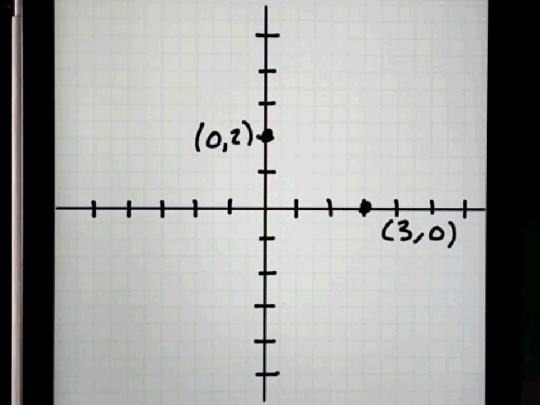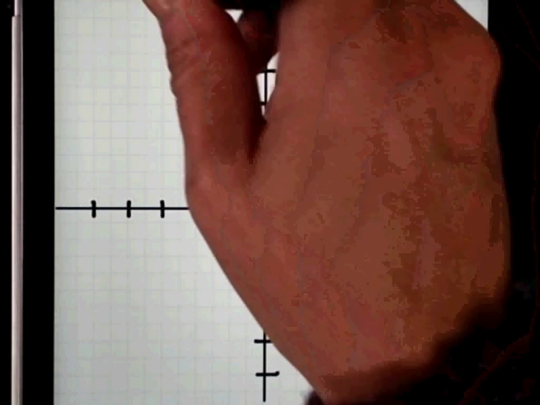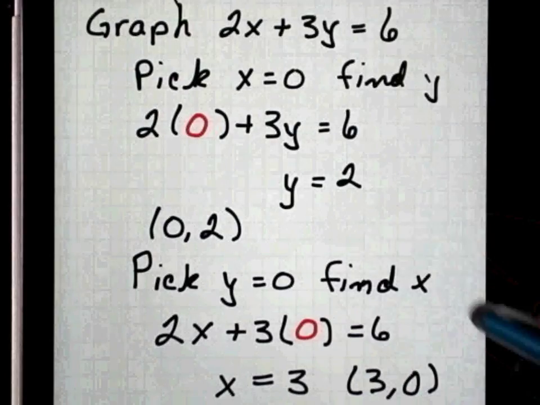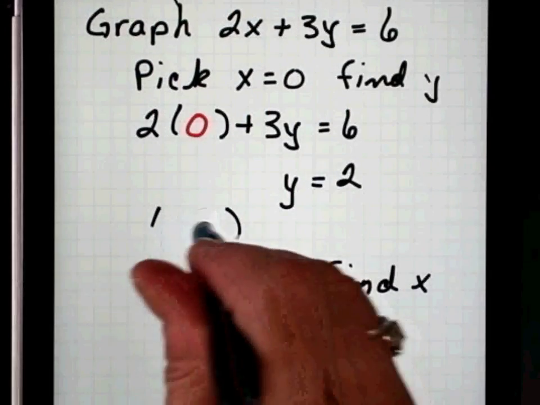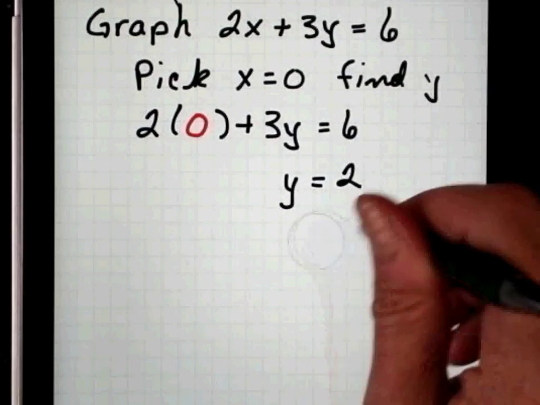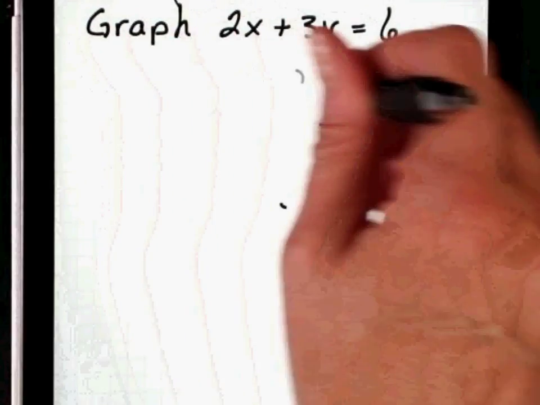Nifty thing about lines, and I'll talk to you in a minute about how I know that this thing is a line. So if I plug in another number, let's go back over here. I'm going to erase my stuff again because I'm running out of room, and I'm going to put these in tables now because you've got the idea.